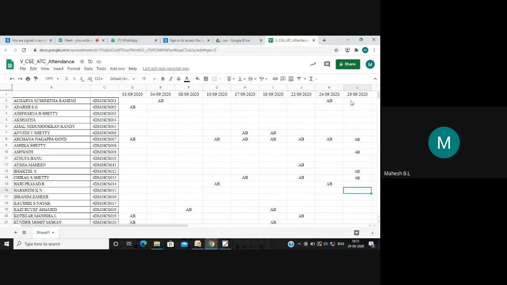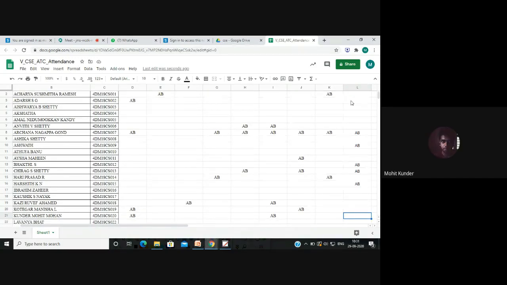Ibrahim, present, sir. Kaushik, present, sir. Manisha, present, sir. Mohit, present, sir.